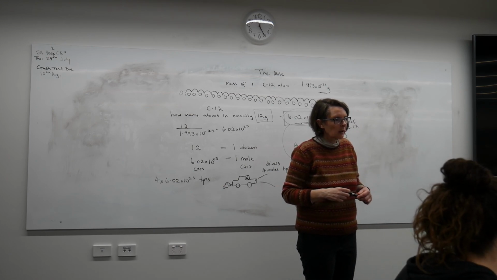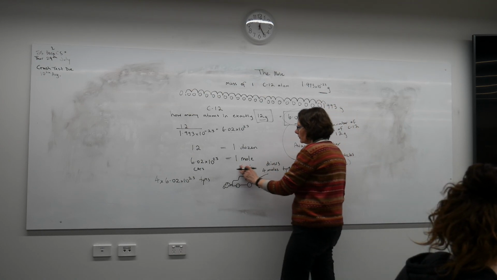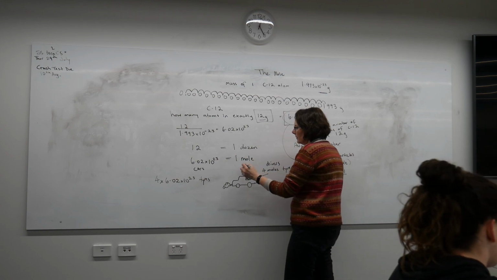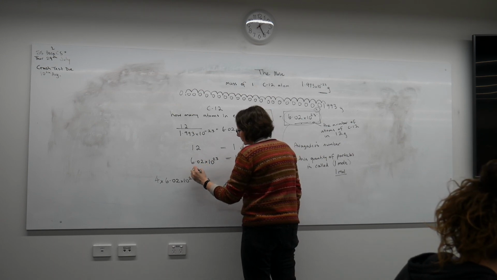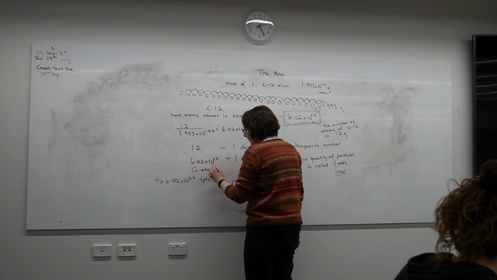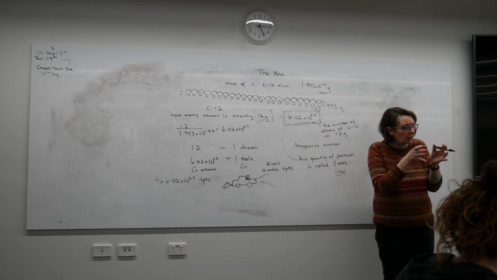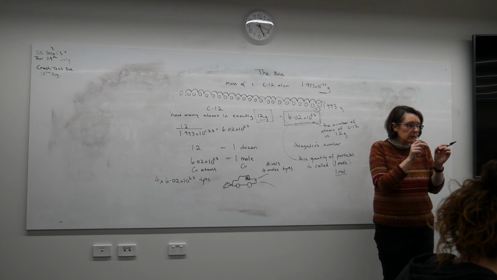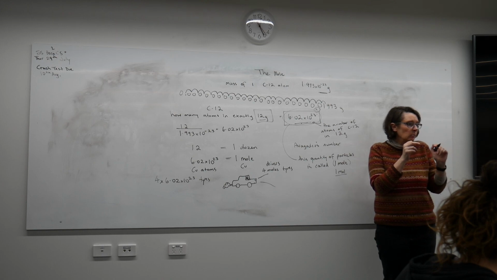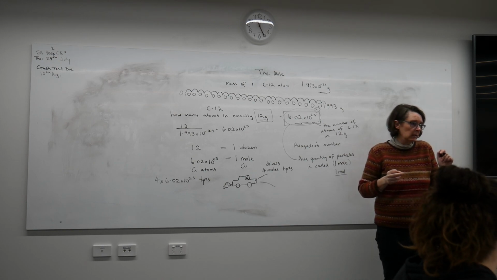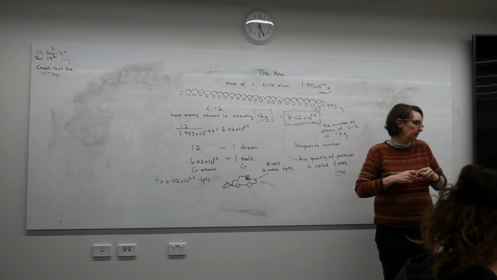So what about other elements? If I have a mole of copper, then I'm going to have that many copper atoms. It doesn't matter now. I'm only counting how many I've got. I'm not worried about what it is. If I could have a mole of beanies, I'll have 6.02 times 10 to the 23 beanies. It doesn't matter what it is, okay?